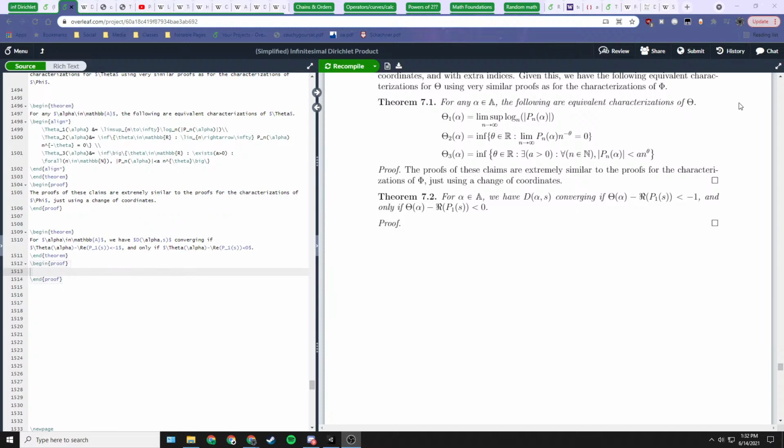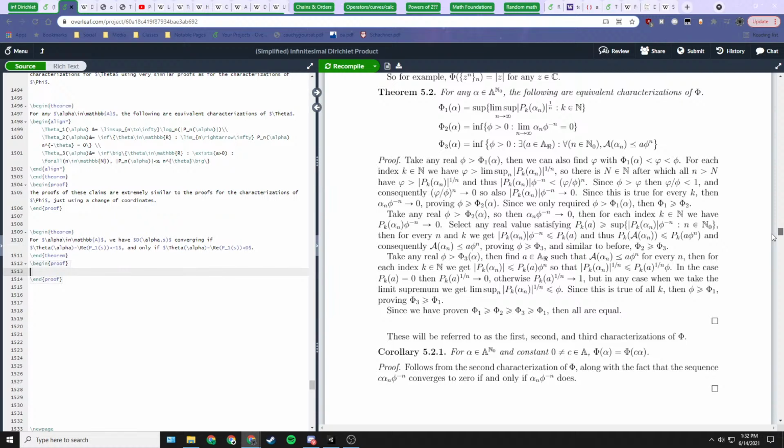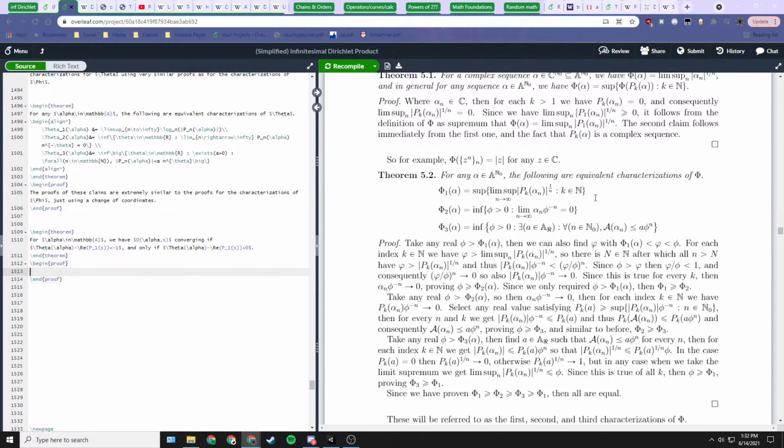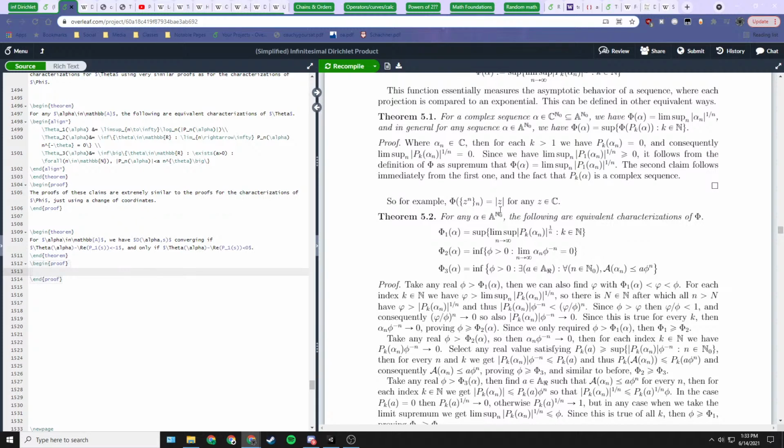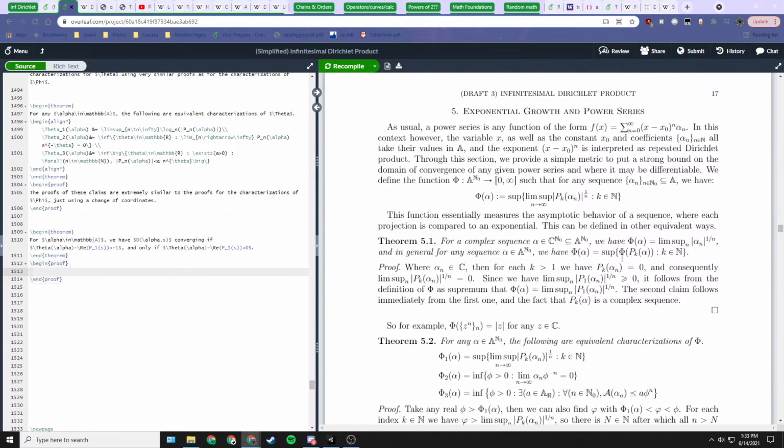I've decided what we should do. I think it's best if we do actually generalize the way that we wanted to. So we're actually going to go back right here. We're going to generalize this definition and these proofs.